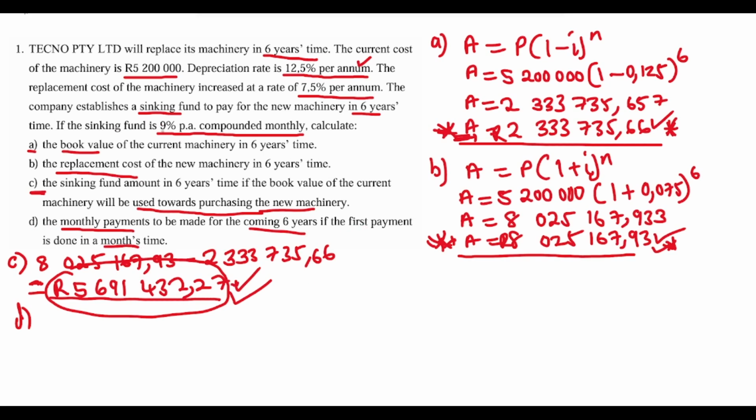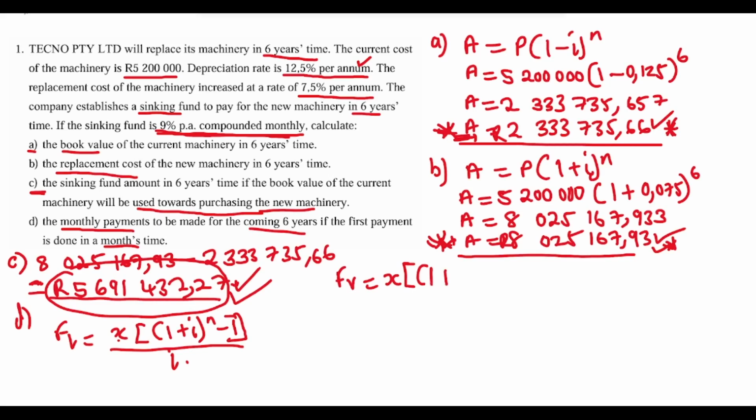We're told that the sinking fund is 9% per annum compounded monthly, so we're going to use the future value formula. This is savings, and then we just need to substitute into the formula their future value, and then our x, that's what we are looking for, x, times ((1 plus our interest rate) to the power n, minus 1), all over the rate. Our rate is 0.09 divided by 12 because it's compounded monthly, and then n is 6 times 12.